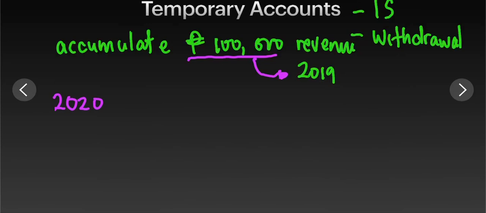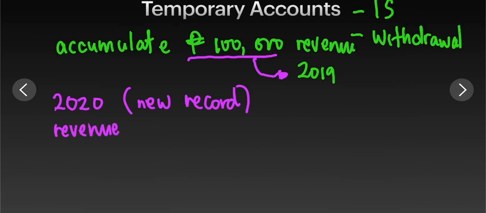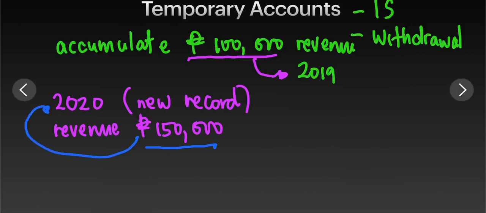Come 2020, a new record will be made. And let us say, in 2020, you earn a revenue of 150,000. The said 150,000 is related specifically only to 2020.